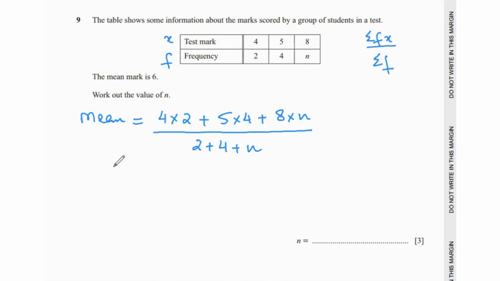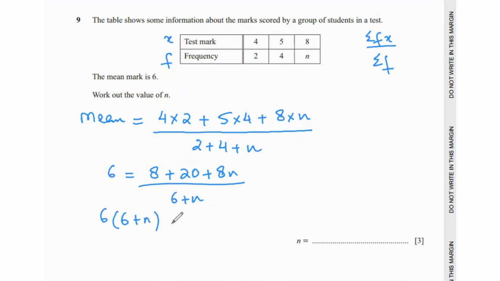So mean is 6. So 6 equals to 8 plus 20 plus 8n over 6 plus n. Cross multiply. 6 times 6 plus n equals to 28 plus 8n. Expand the bracket. 36 plus 6n equals to 28 plus 8n.